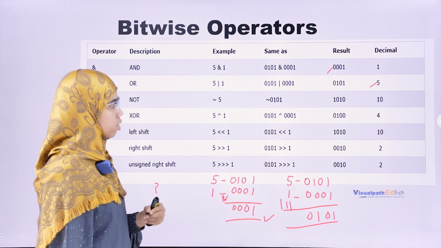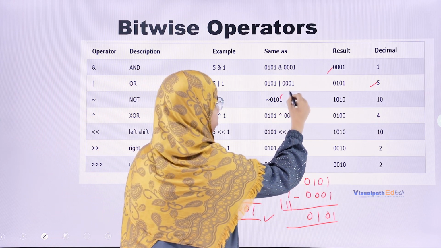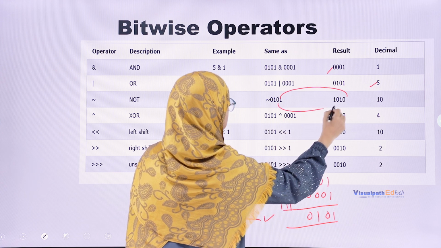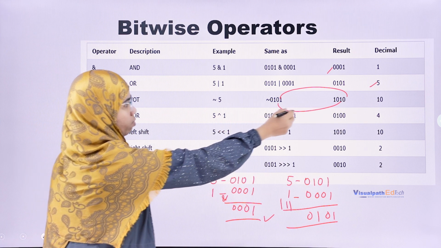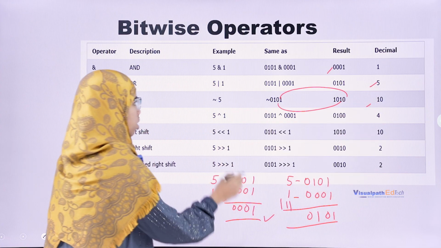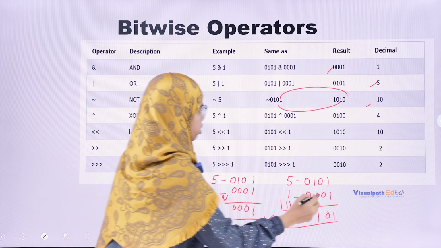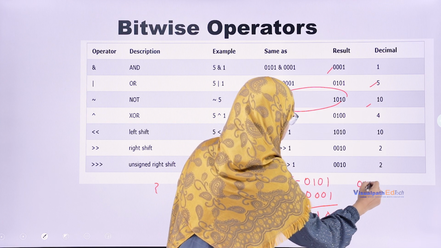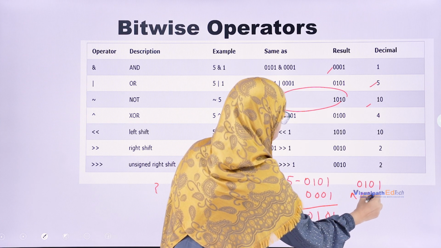Now bitwise NOT, the reverse of it. Wherever there is 1, it will be replaced with 0, and wherever there is 0, it will be replaced by 1. And that's how the negation of 5 is 10. Now the XOR operator. Let me explain XOR here. Again 0101, we are applying XOR upon 0001.